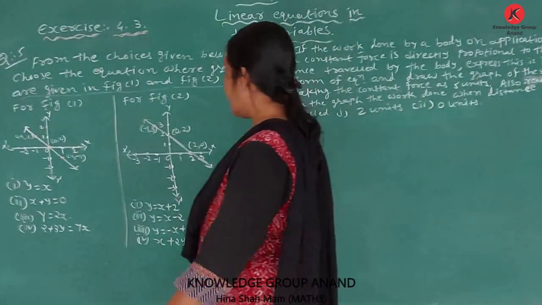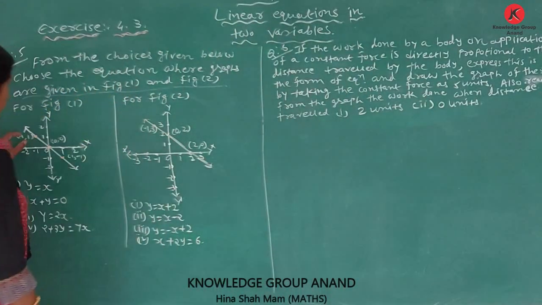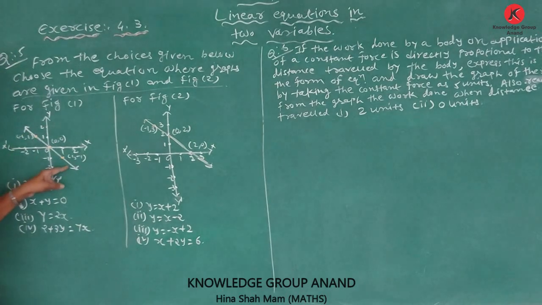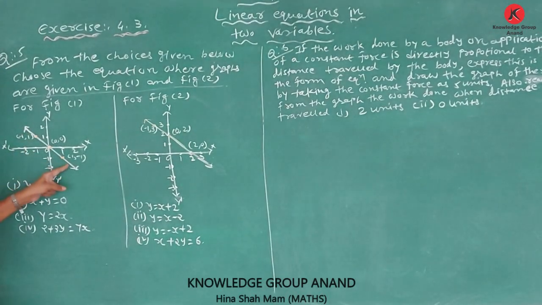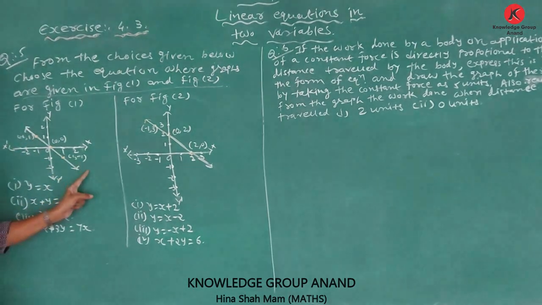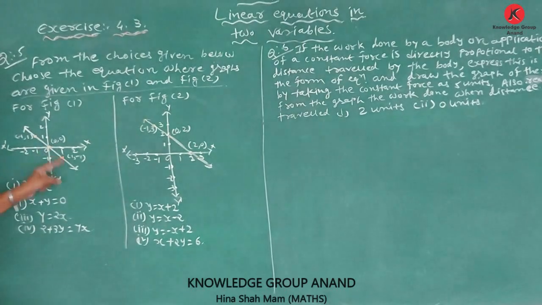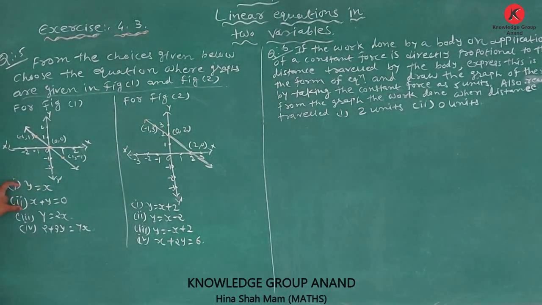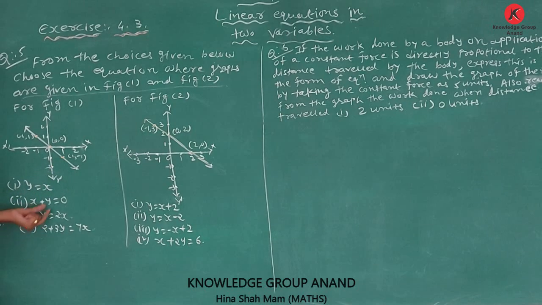Now, figure 1. On the graph, a straight line, the points are (0, 0), (-1, 1) and (1, -1). These points satisfy which equation?